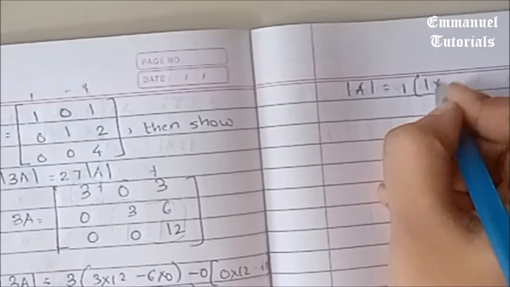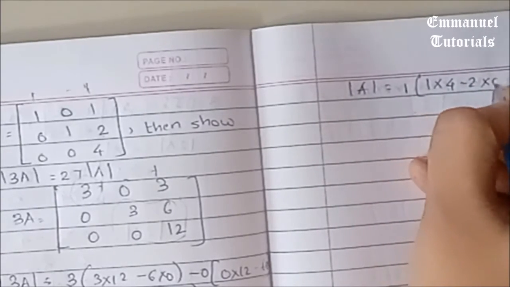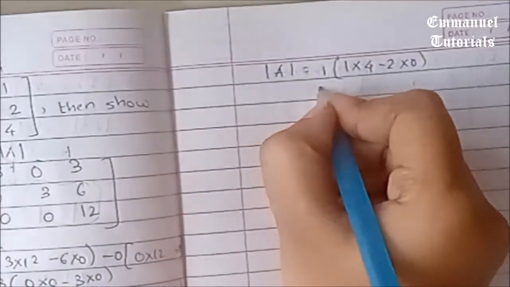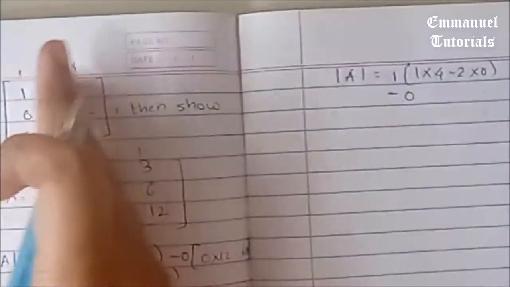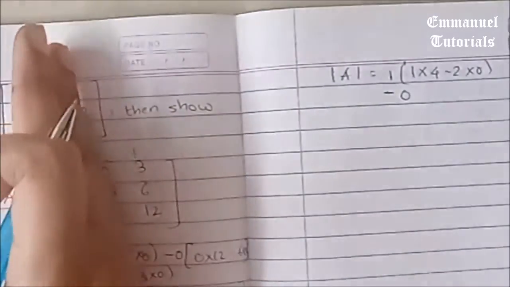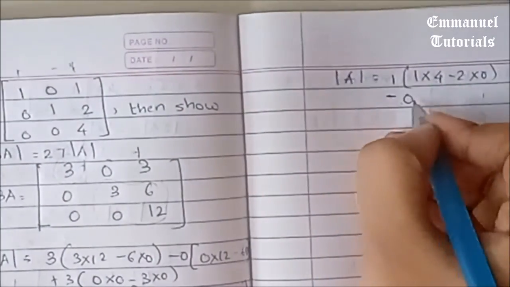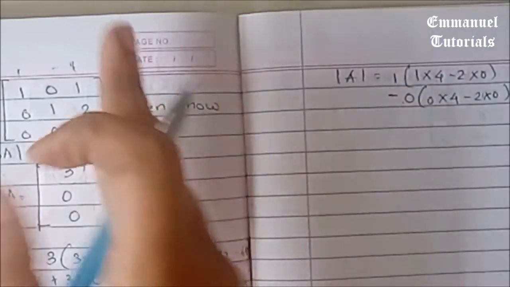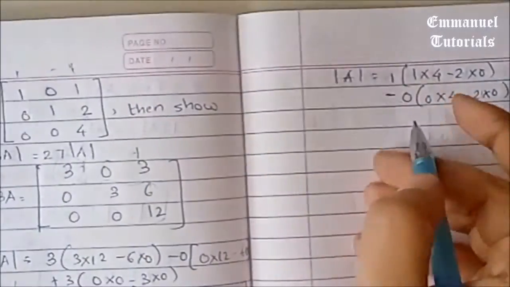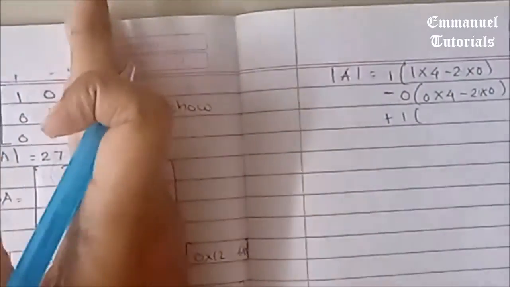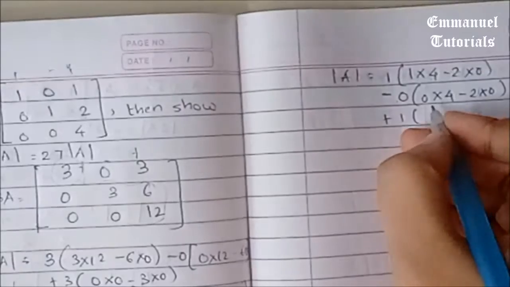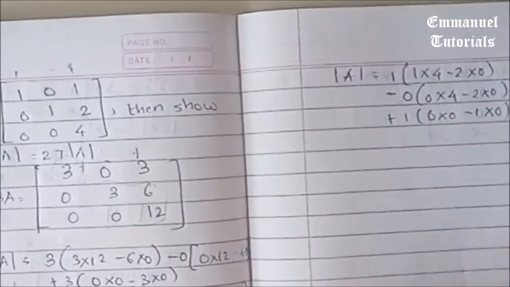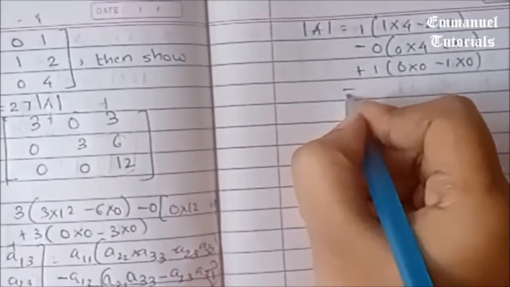So 1 into 4 minus 2 into 0, minus 0, leave this column and take the other two columns. So 0 into 4 minus 2 into 0, plus 1, leave this column, take the other two columns. So 0 into 0 minus 1 into 0.